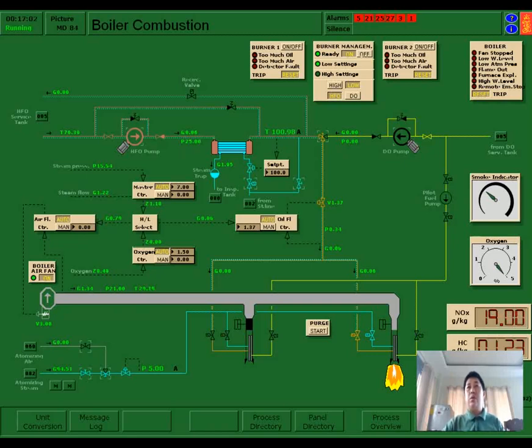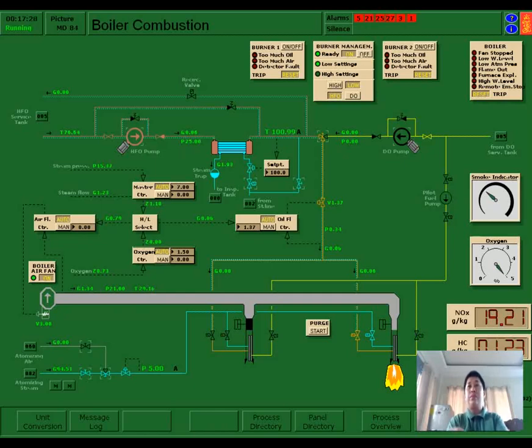So we have to discuss automatic combustion control, ACC, including steam pressure control, fuel oil flow control, and air flow control. Next, automatic feed water control, automatic steam temperature control.